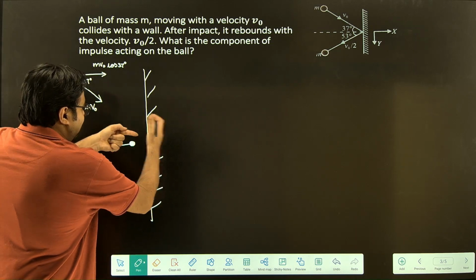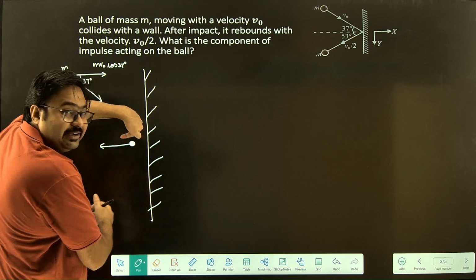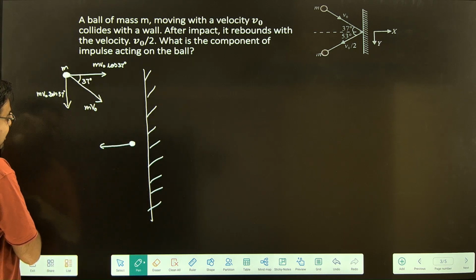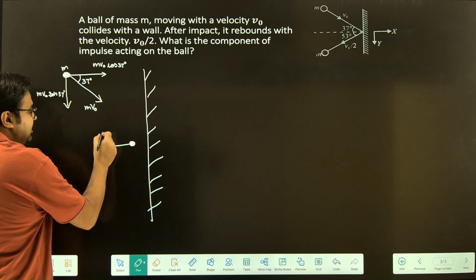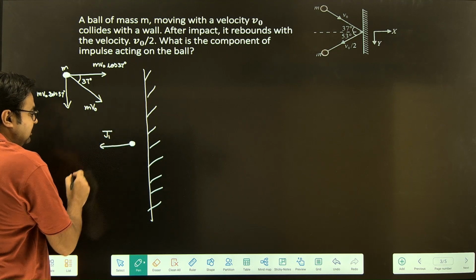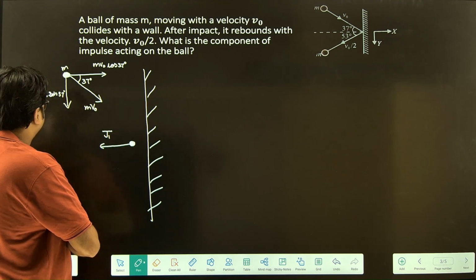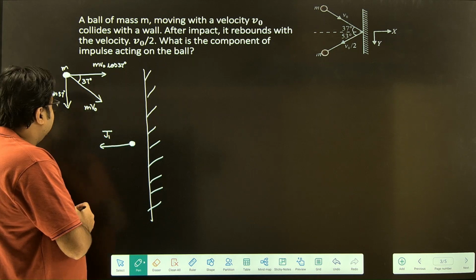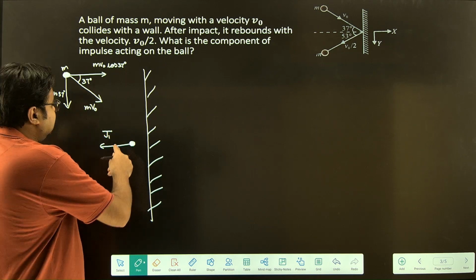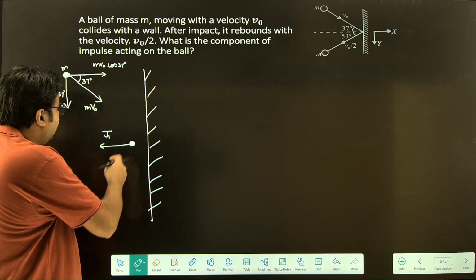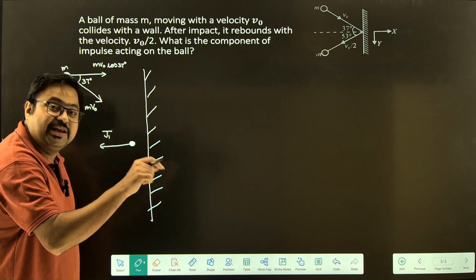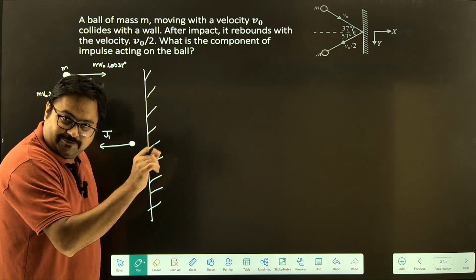The wall hits the ball, and then it changes its direction, starts moving this way. So the ball received an impulse in this direction. Let me call it J1. That's J1, and this J1 is along negative x direction. We will incorporate the direction while we write the equation.